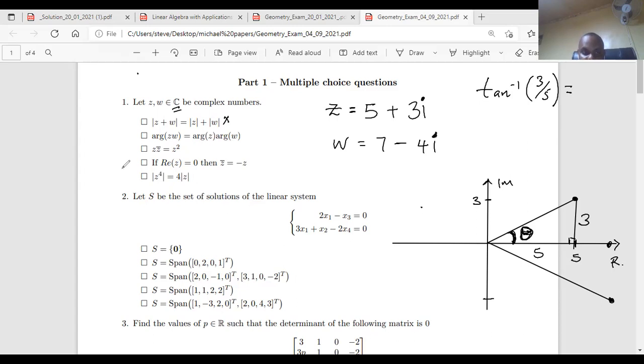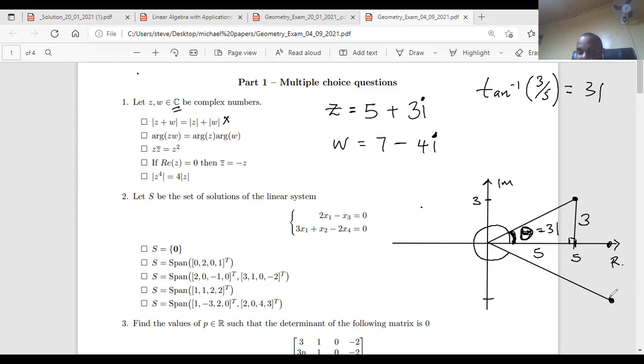Yes, I have my calculator. 3, 5. It would be around 31 degrees. Let's call it 31 degrees. And so that argument is 31 degrees. Now let's find the argument of this other angle.